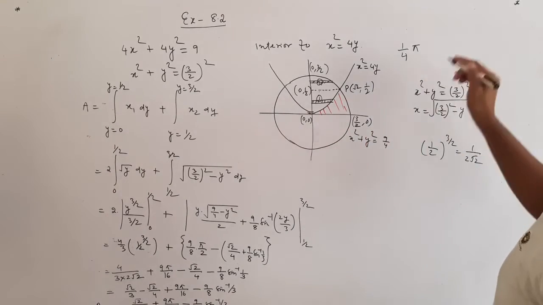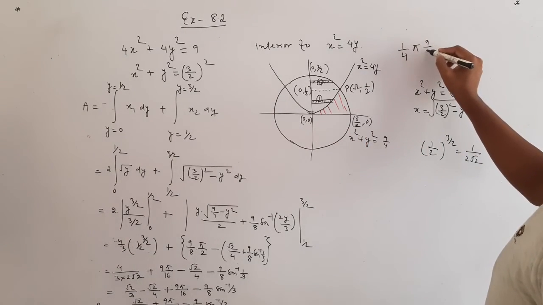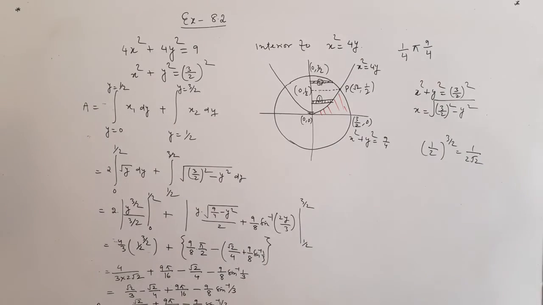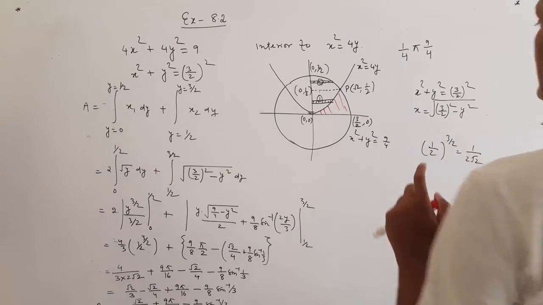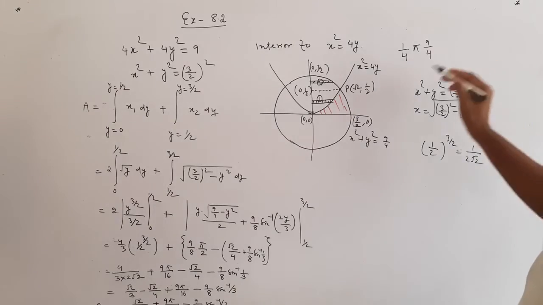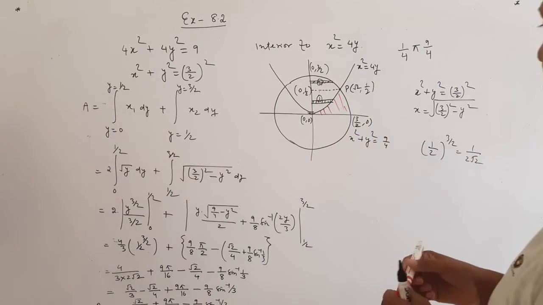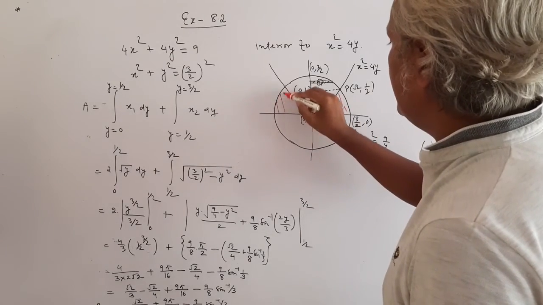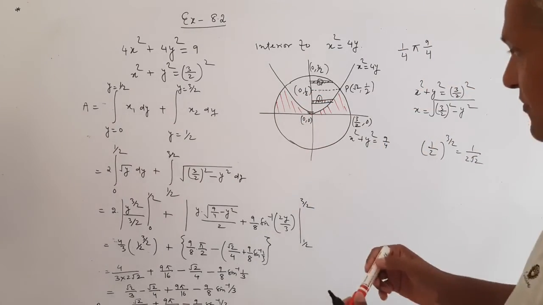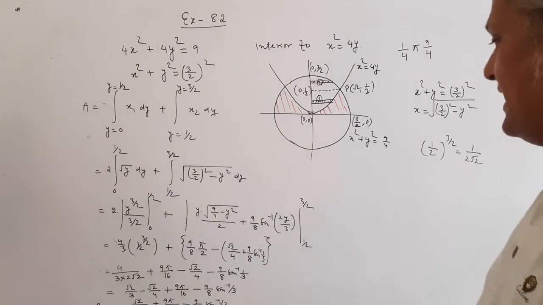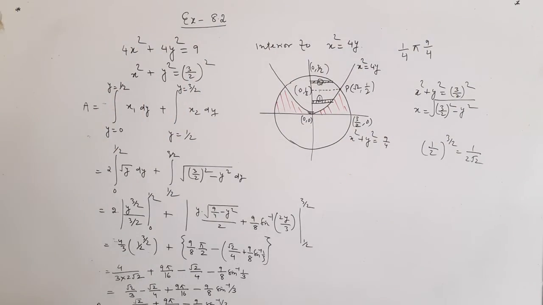So radius is 3 by 2, this becomes 9 by 4. Okay, this one, got it? But we have to find this area and this area, because the whole portion is coming here and here, and we have found this part. So I just have to double this also. So if I double this, then what I get?